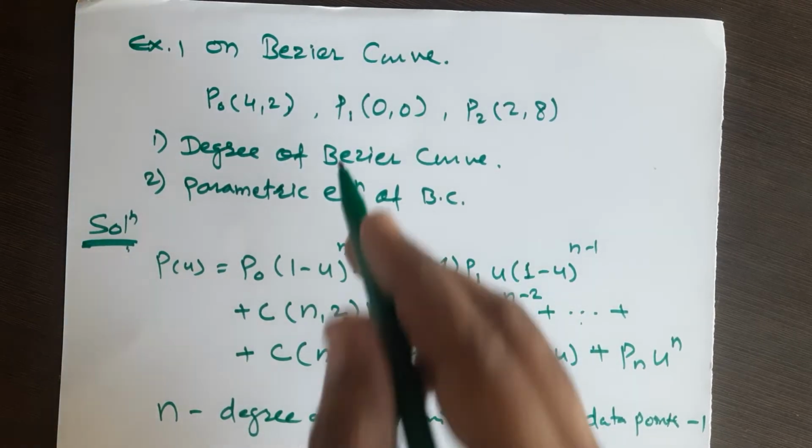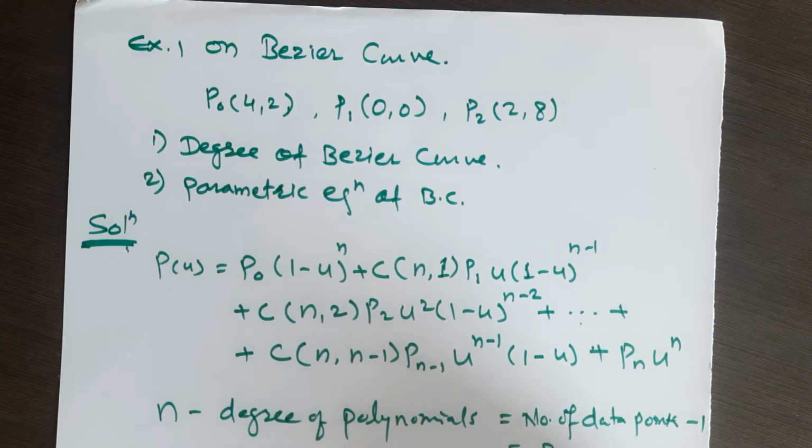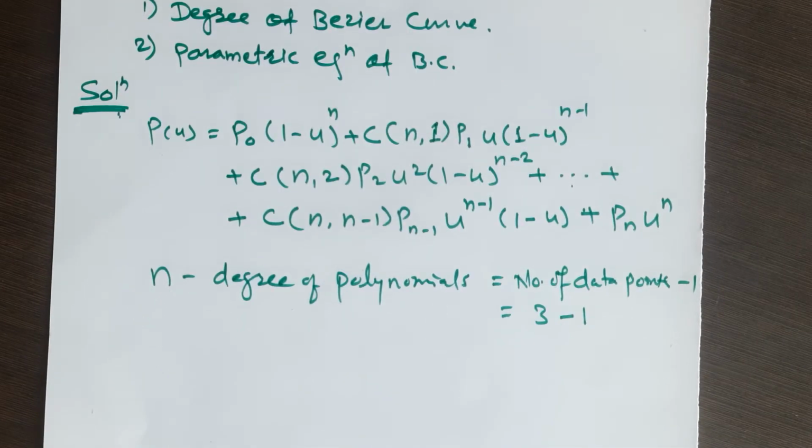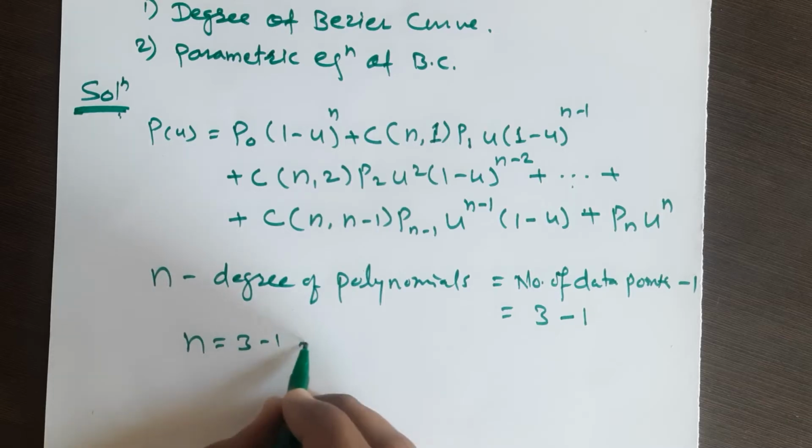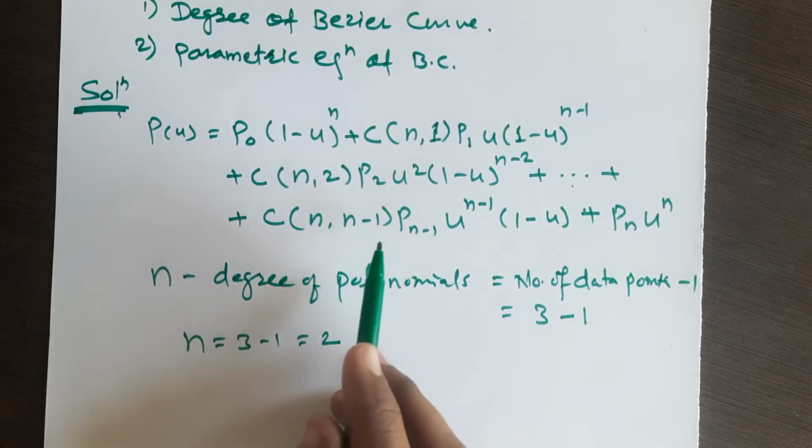So here in this case 3 data points are there, so 3 minus 1 will be the n. So here n is equal to 3 minus 1, which is 2. N is 2 in this case.